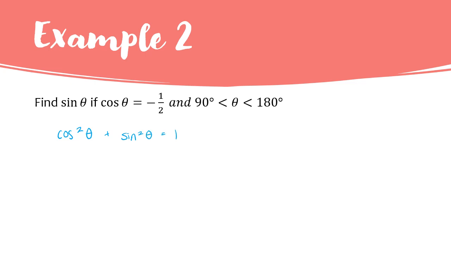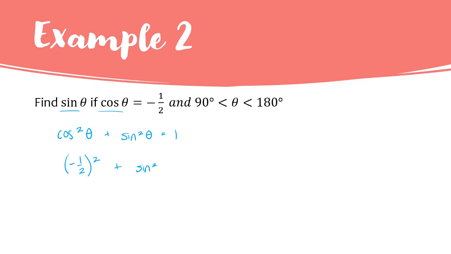Again, I want to pick an identity that involves both of these given functions, and ideally not other ones. I don't want there to be a tangent when I don't have any information about tangent and I'm not solving for it. So this is what we'll start with. We'll plug in our known value, -1/2, and we have to square that.